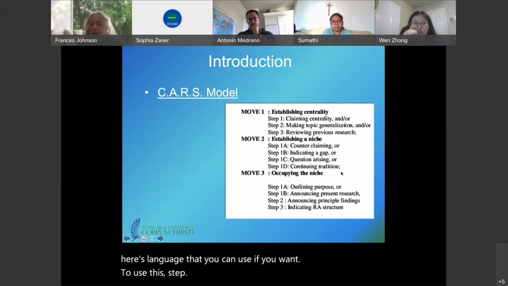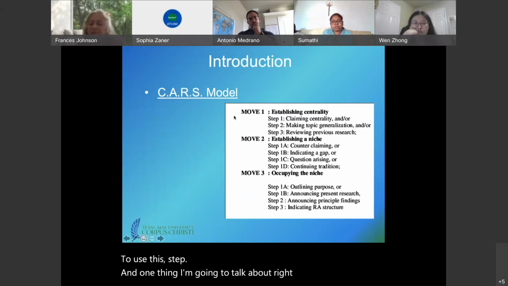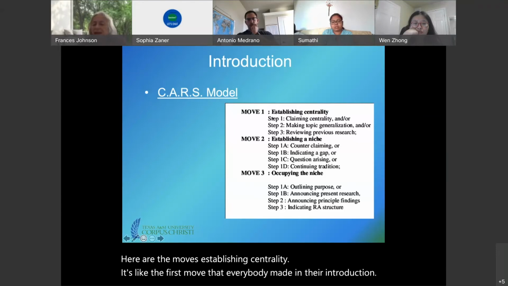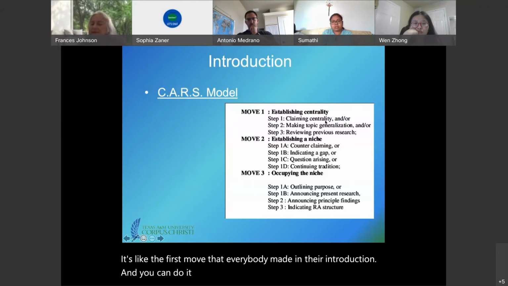And one thing I'm going to talk about right here are the moves. Establishing centrality. It's like the first move that everybody made in their introduction. And you can do it by claiming centrality, or you don't have to use all 3 of these.